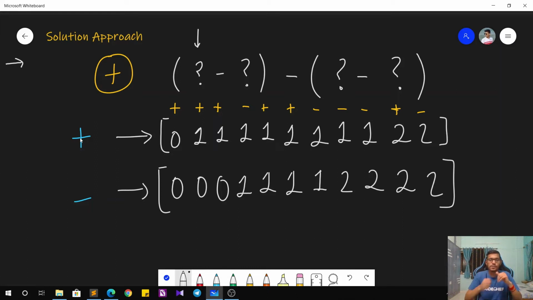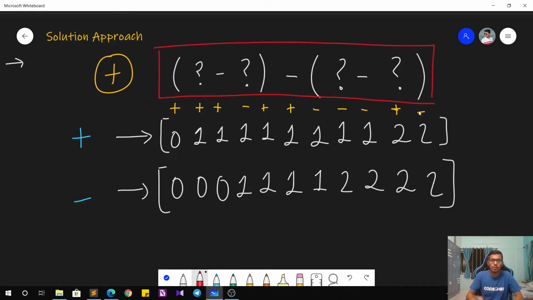So if someone asks what is the maximum possible value of this whole expression, we will take the extreme indices. For this index I will see that it belongs to the minus half. Why minus half? Because we had earlier pre-computed that it is the same sign as the opening bracket.